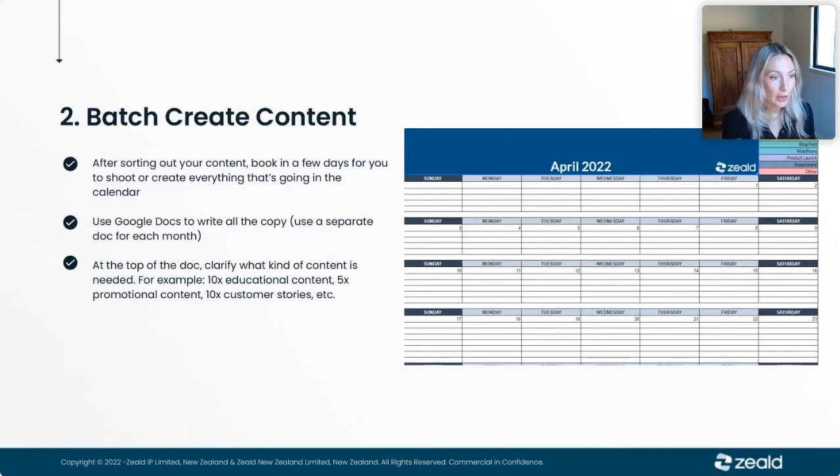So for example, this could be you need 10 posts that are educational content, then you need 5 that are promotional content, or you have any special offers coming up that you need some content around. Then you want to also have 10 customer stories or reviews or anything in that space, and so on. So get clear on what the actual content is that you need, how much of each type, and then get to actually the copywriting.